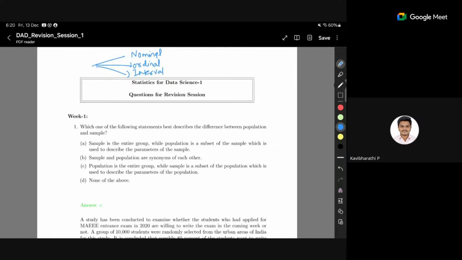Sorry, this is not variable. Variables are two kinds: either they are categorical or numerical. These are scales of measurement.